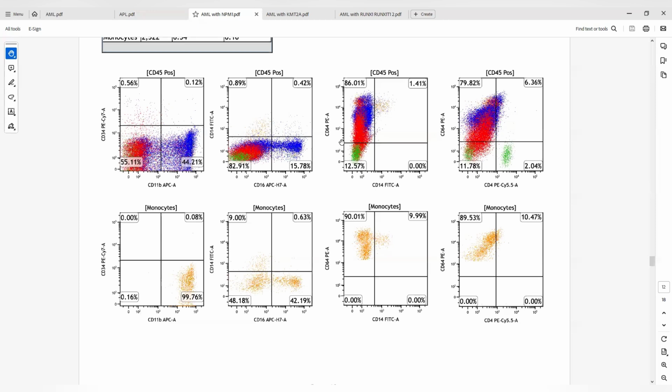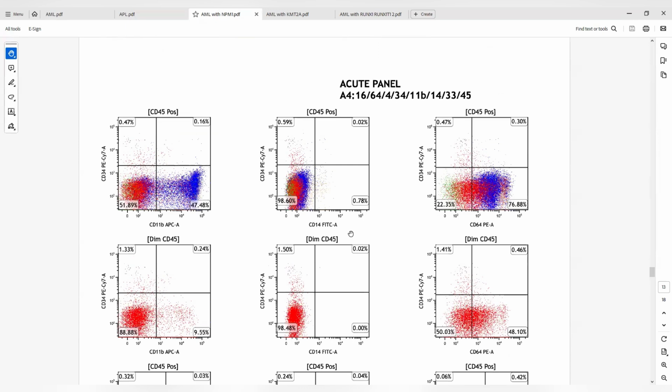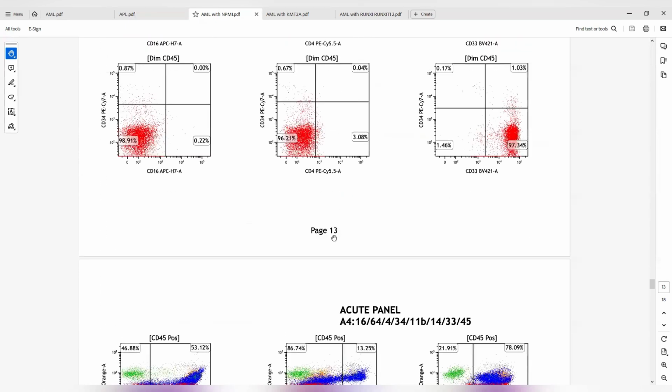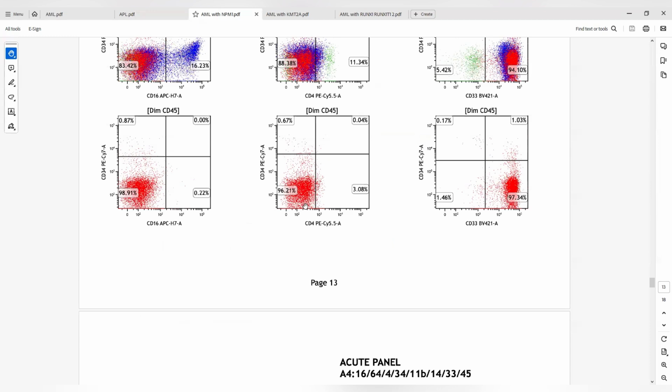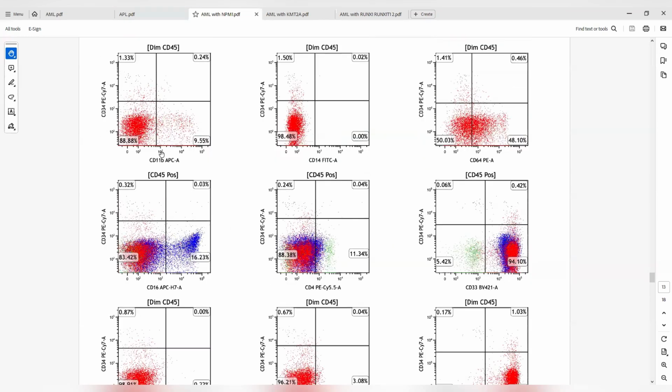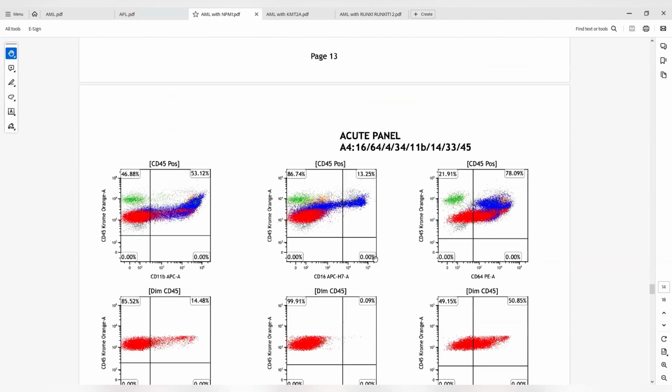It's, I'd say, dim for CD64 because some of the cells are negative, some of the cells are positive, and CD4 here is negative in this population. So I don't see any expression of monocytic markers. Here, more emphasis: CD16 negative, CD4 negative, CD14 negative, CD11b negative, and CD64 is dim in this population.